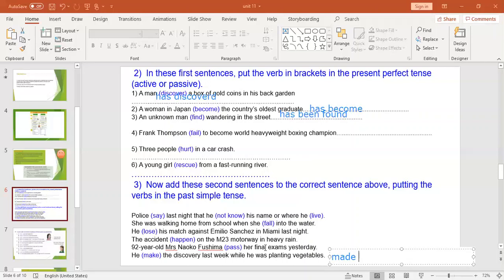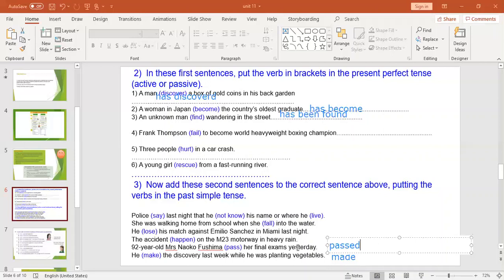If we look again here with the graduate, with the schools, with the old woman, a Japanese name, we will find that this is the suitable sentence, the one before the last. 92-year-old Mrs. Naoko Fushima passed, the past form of pass, her final exams yesterday. Again, we are given the exact time when she passed her exams. So she is the oldest graduate now. That is the main news, and to give details, it told us that she finished her exams yesterday.